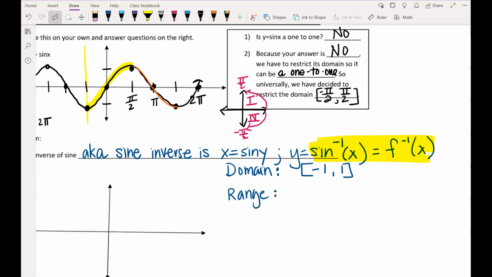From -π/2 all the way to π/2. So that is the range of the inverse. Okay, now sine inverse, students, could only be in 2 quadrants. What quadrants would sine inverse be in?